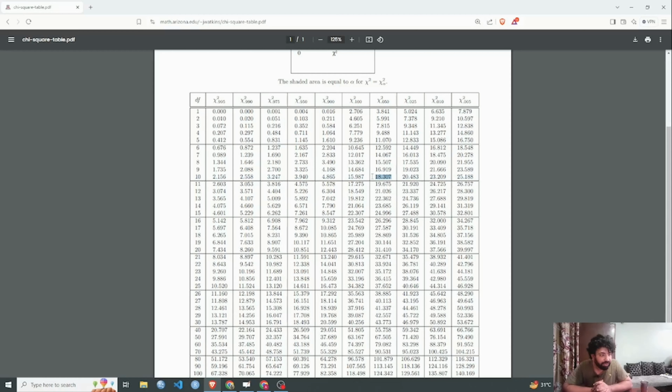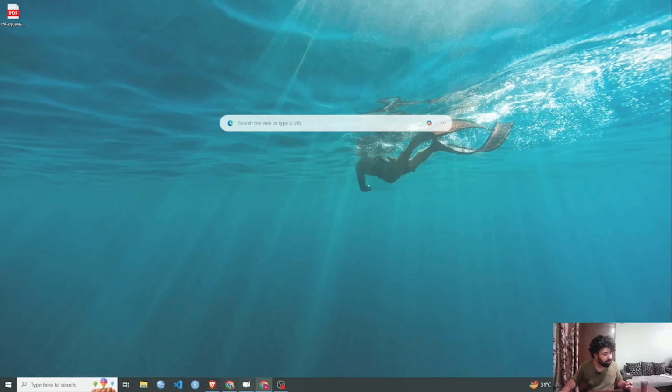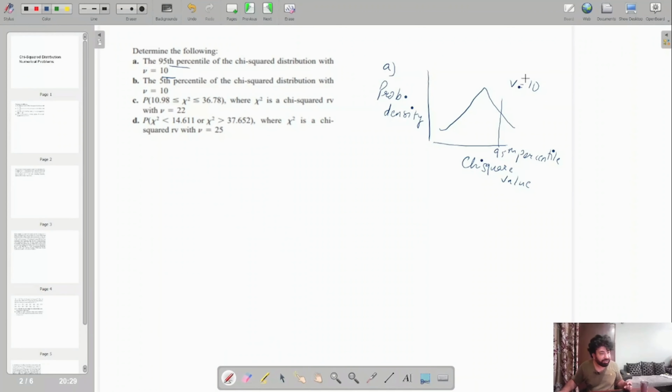Now why 18.307? Because I have the 5% area which I showed you graphically in this case. So I have this 5% area in this case. That is why we are going through the values, and the value will be 18.307 for this one.